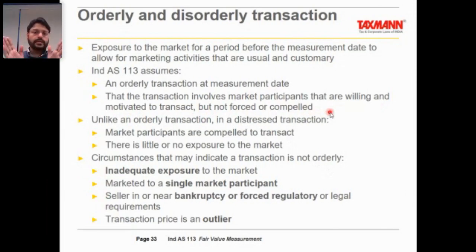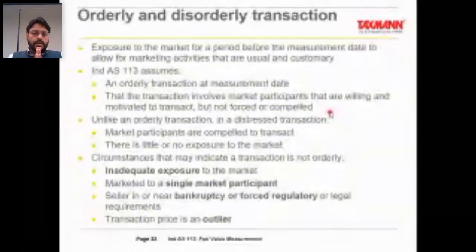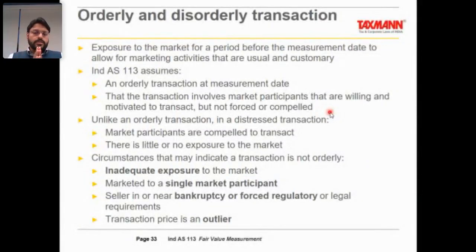So we are not taking those transactions into our consideration while arriving at the fair value of that particular asset. Unlike an orderly transaction, in a distressed transaction, market participants are compelled or there is no or little exposure to the market. So those transactions we cannot consider for benchmarking the fair value of the similar asset.